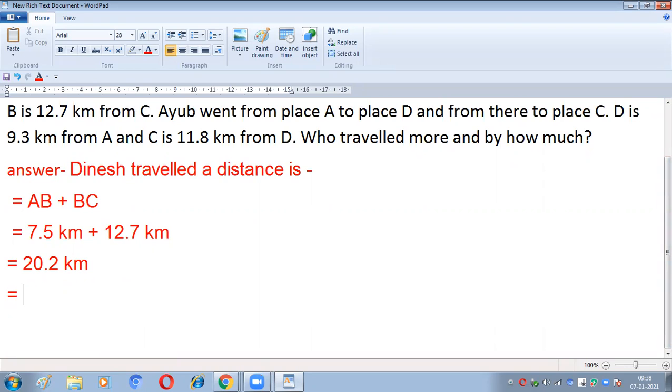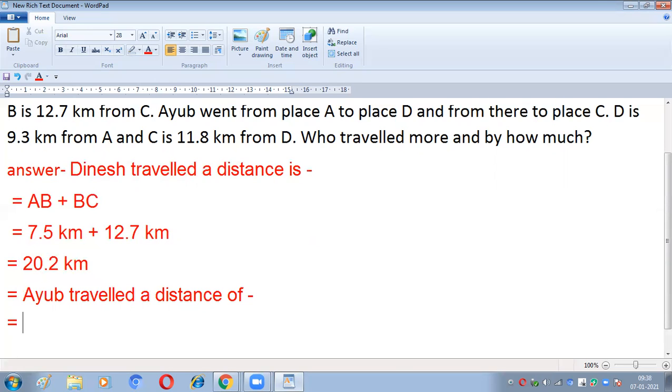So Ayub traveled a distance of how many kilometers, now we will find.